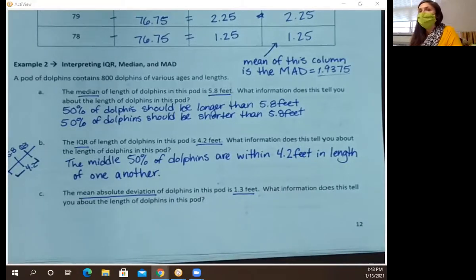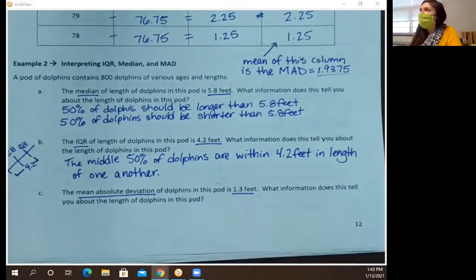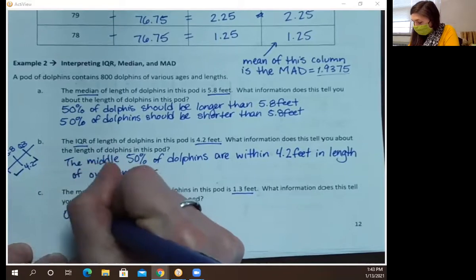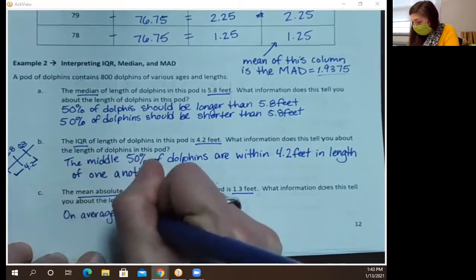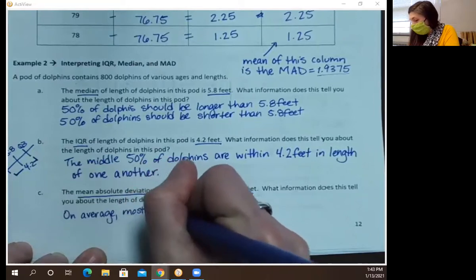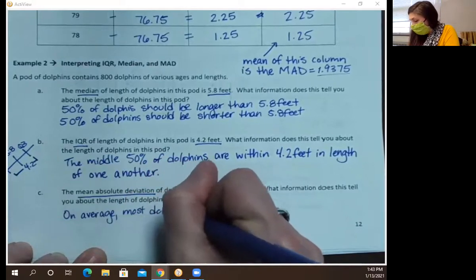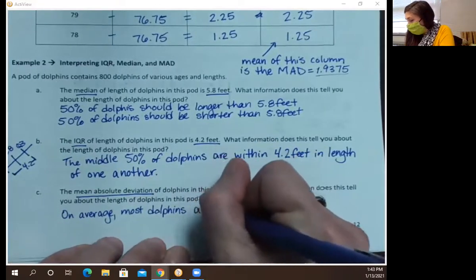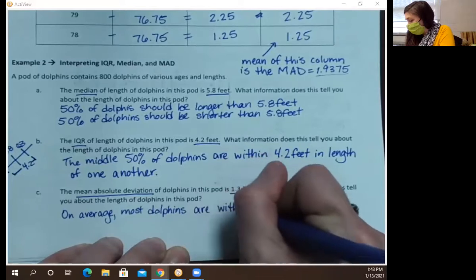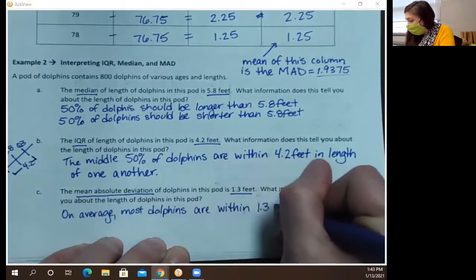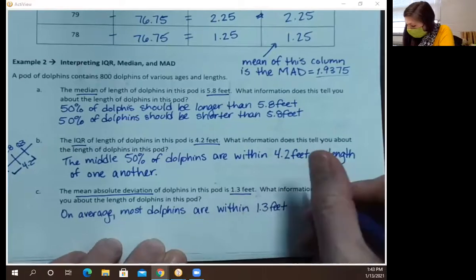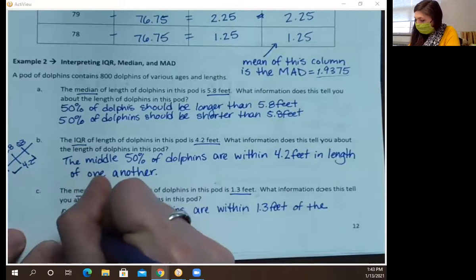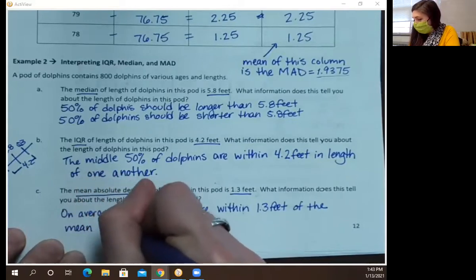I don't need to know what the mean is, but I know that they should all be within 1.3 feet of it. So on average, most dolphins are within 1.3 feet of the mean length.